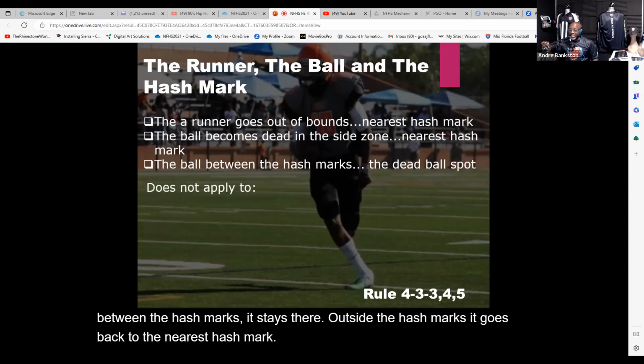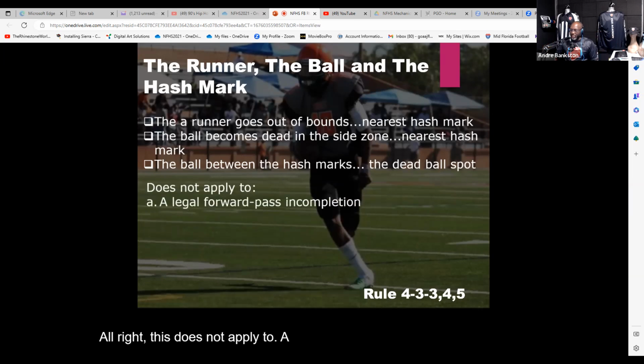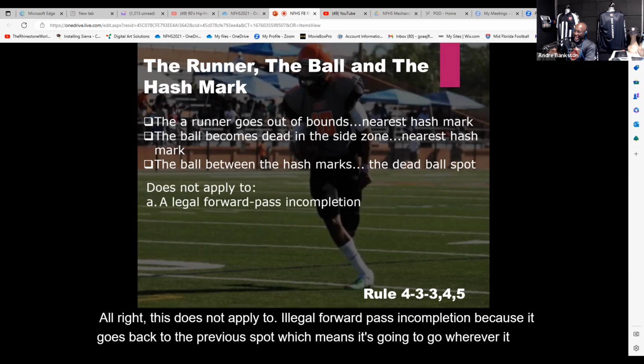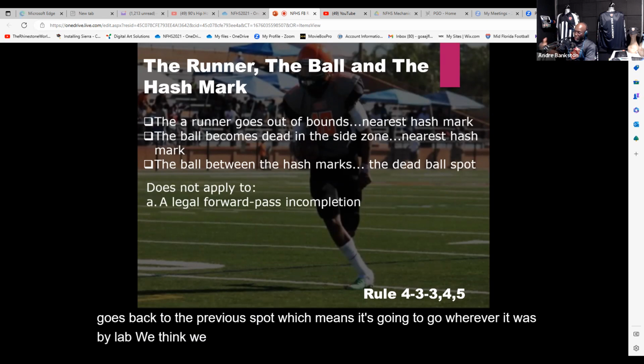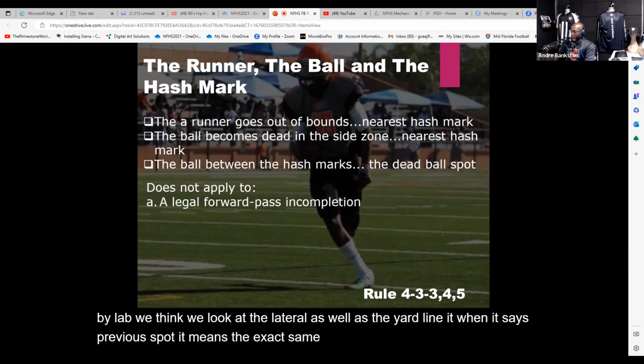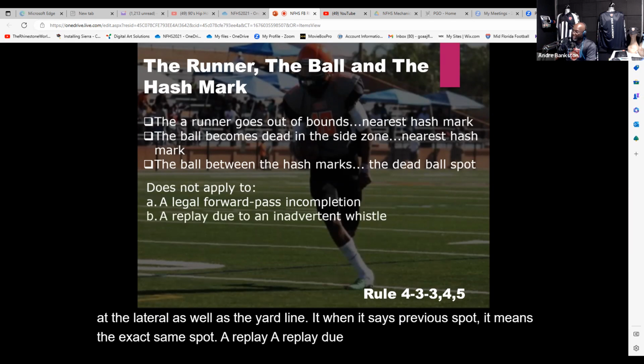All right, this does not apply to a legal forward pass incompletion, because it goes back to the previous spot, which means wherever it was, we look at the lateral as well as the yard line. When it says previous spot, it means the exact same spot. A replay due to an inverted whistle goes back to the exact same spot.